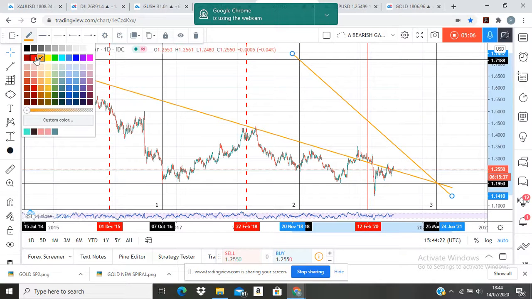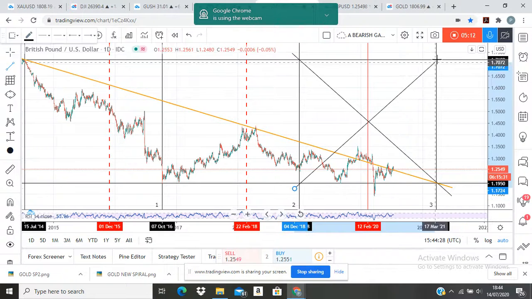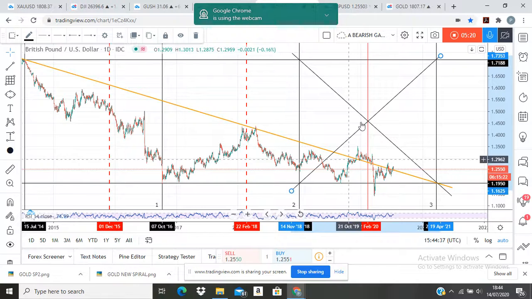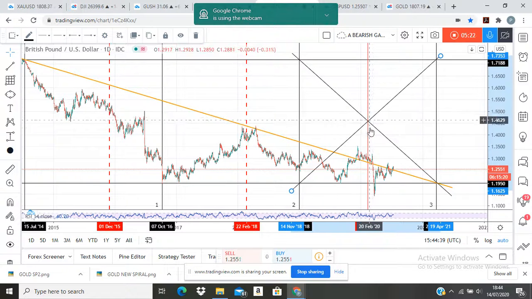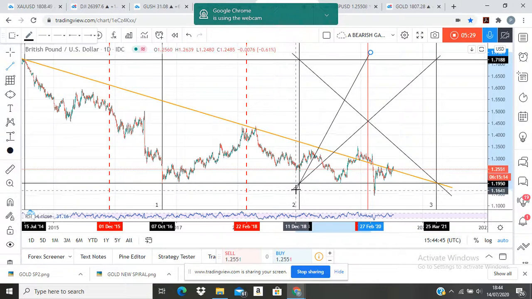So let me just do it quickly. Then another one like that. Already I found the half point here, so I would also draw a diagonal to the half point.